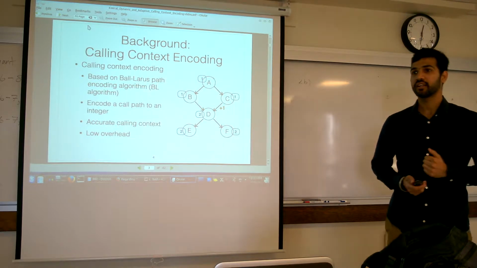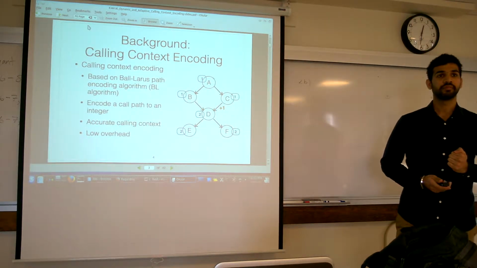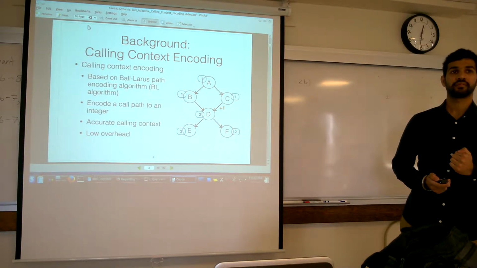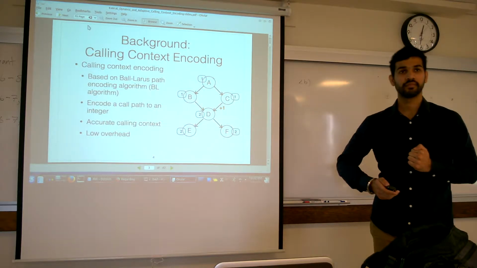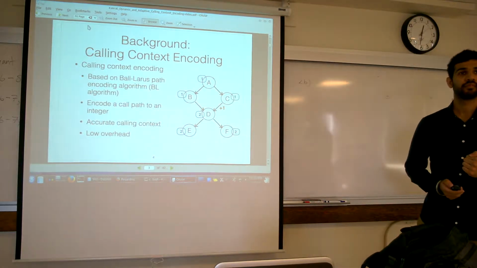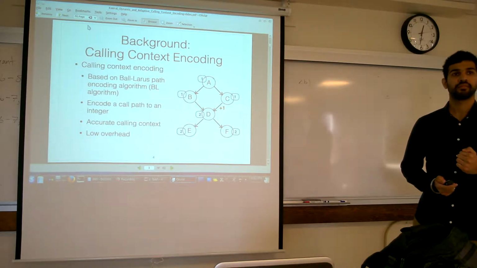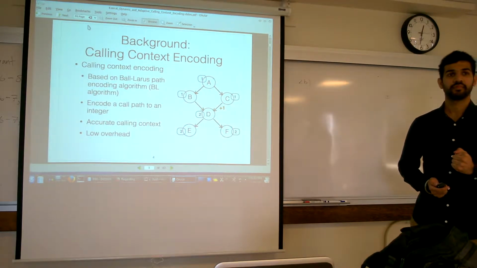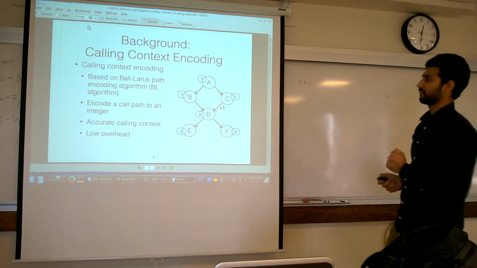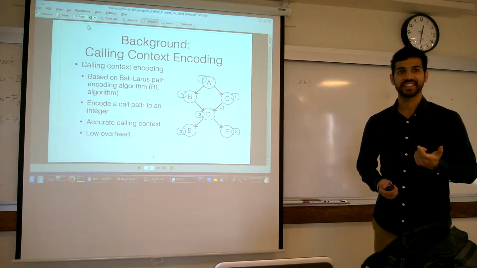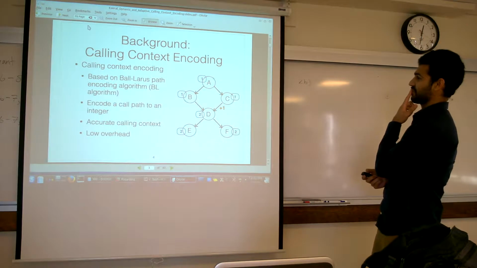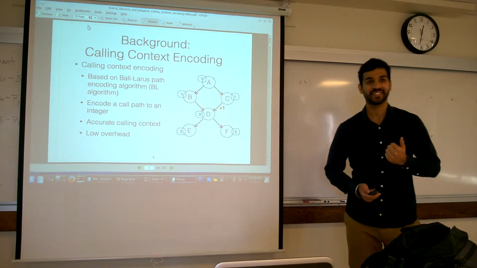Can anyone guess what? Can I first ask if there's a difference between using this Ball-Larus algorithm for calling contexts versus for path encoding of a control flow graph? Is there a difference? I don't know, maybe not.